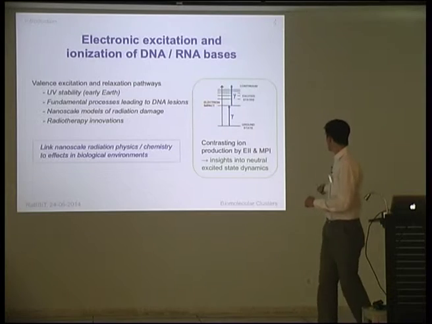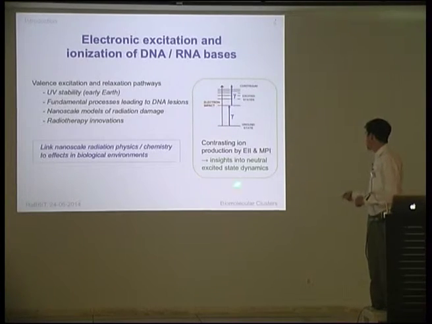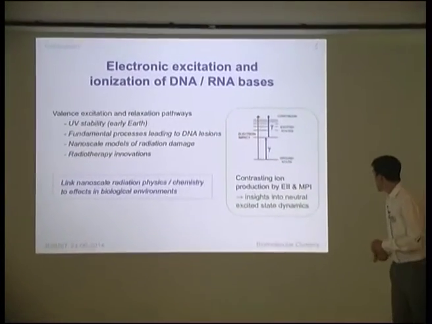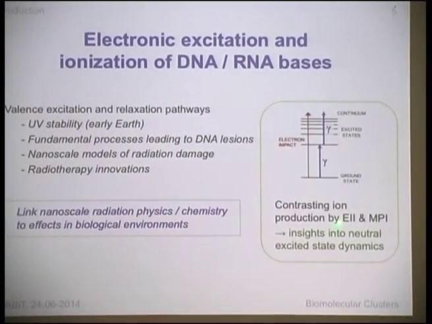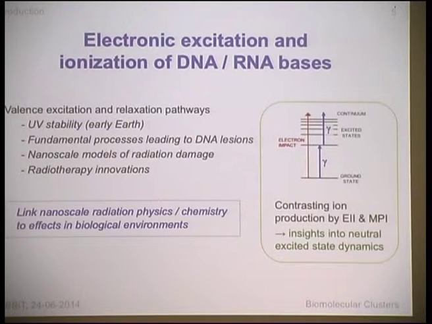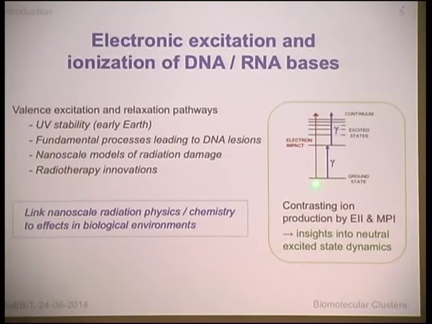A particular tool that I'm going to talk about for the next 10 minutes or so after the introduction is contrasting fragment ion production by electron impact ionization and by multiphoton ionization. In electron impact ionization, we've got a molecule in the electronic ground state, and we're raising it directly to an ionic state, or to a dissociative ionic state.